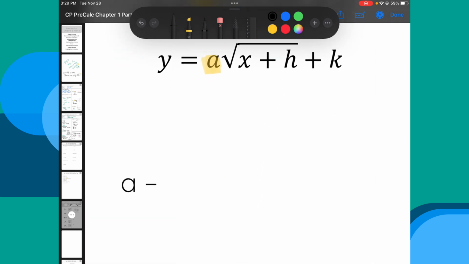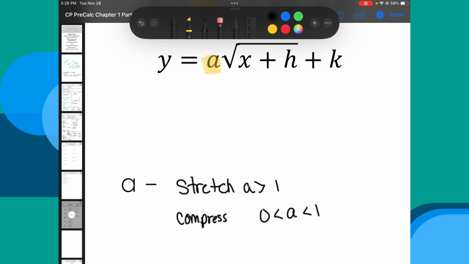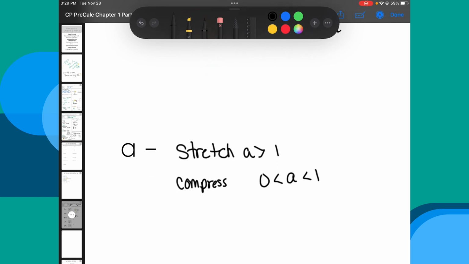So our a value will stretch our graph if it's bigger than 1. It will compress the graph if it's between 0 and 1. And if a is negative, it will reflect across the x-axis.